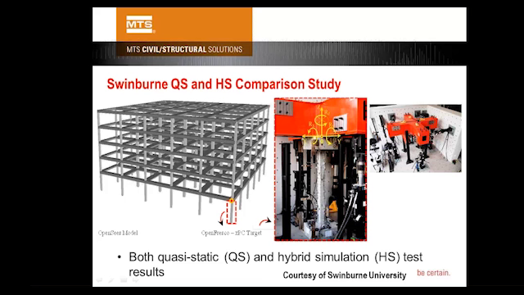Instead, they only test one column, use this column's properties, and update the properties of the rest of the columns. In this case, they spend relatively little money and studied the whole structure during an earthquake.